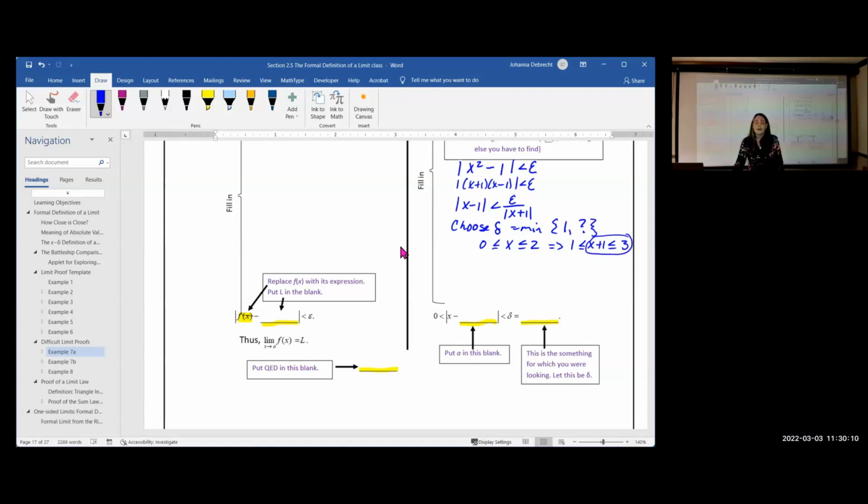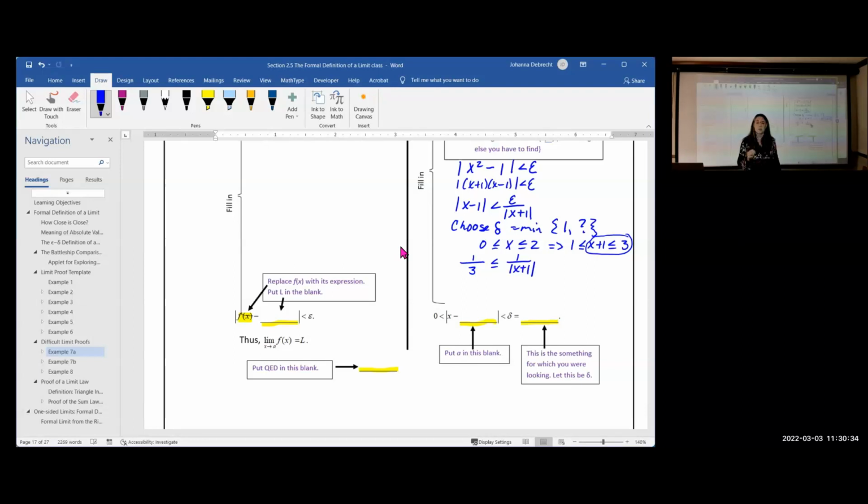This is because we're going to divide by both of those factors, and then we will have the direction that we need. When we divide by both factors and put them in absolute values, since they're both strictly positive, this is going to give us 1 over 3 less than or equal to 1 over the absolute value of x plus 1.